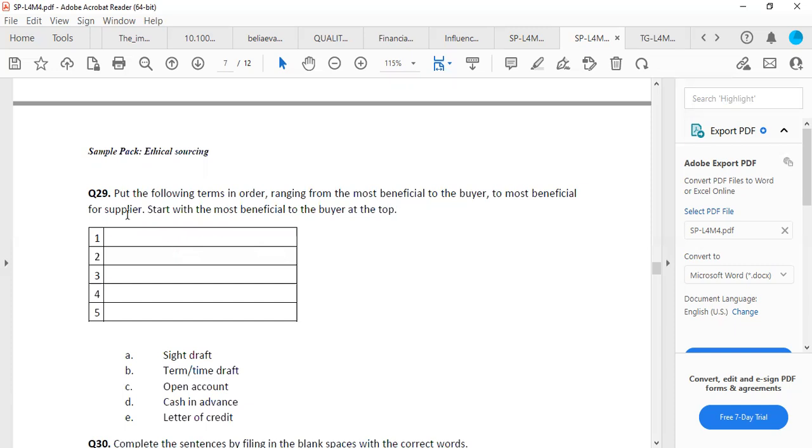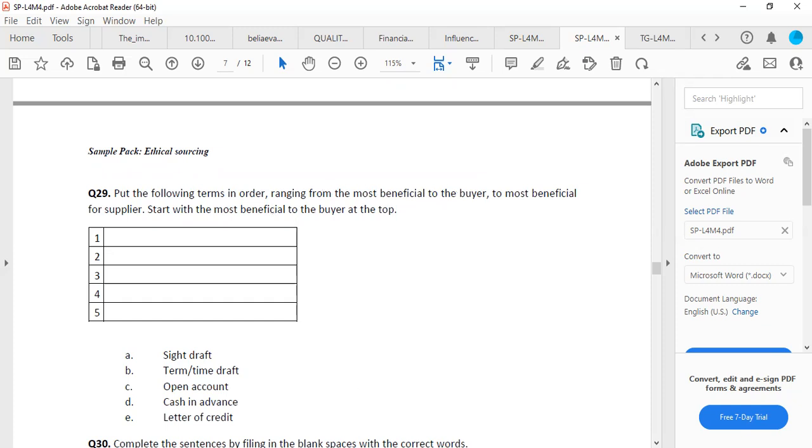All right. Question 29. Put the following terms in order, ranging from the most beneficial to the buyer to most beneficial for the supplier. So these are payment terms, or yes, payment mechanisms, not terms.